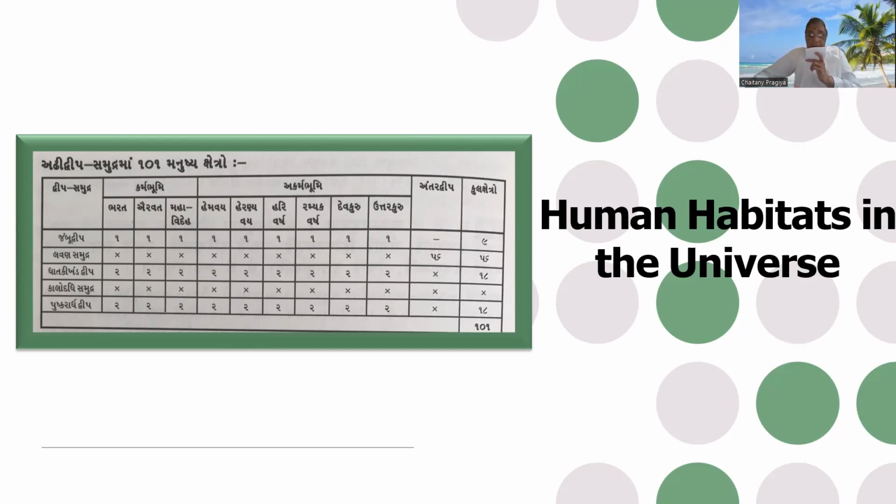And again, we know that human beings are of two types. One is called Samurchim, meaning asexual, and Garbhaj means sexual. So there are 202 types of living beings when we consider this total number, and the incomplete ones die in an incomplete state.